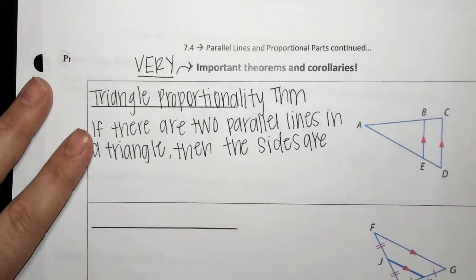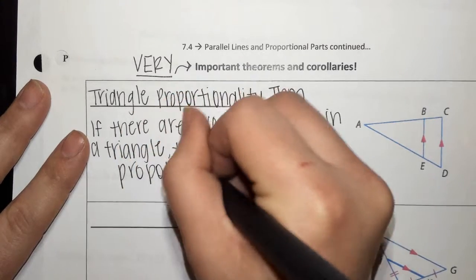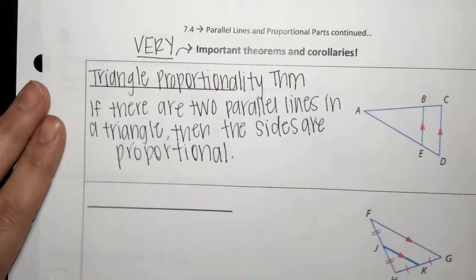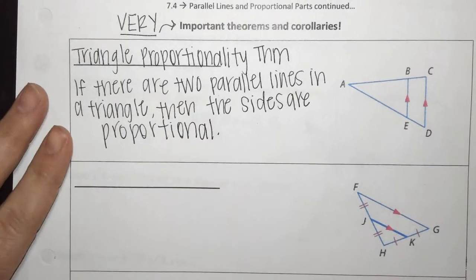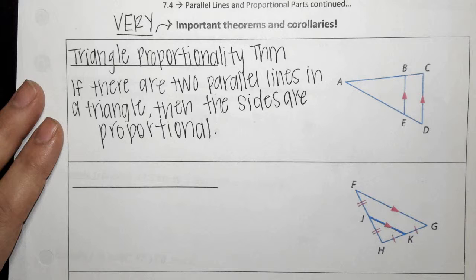Good job. Then these sides are proportional. If there are 2 parallel lines in a triangle, then the sides are proportional.